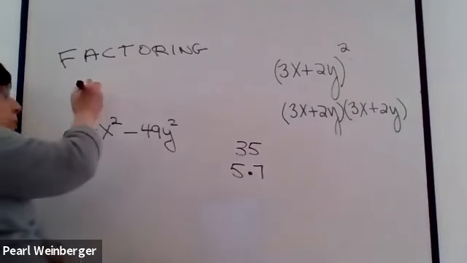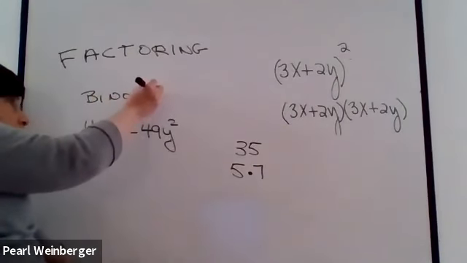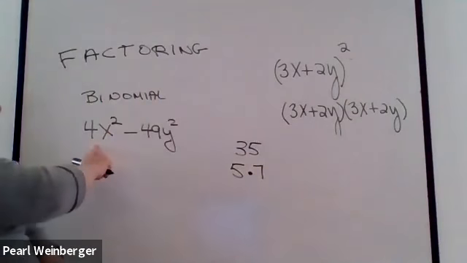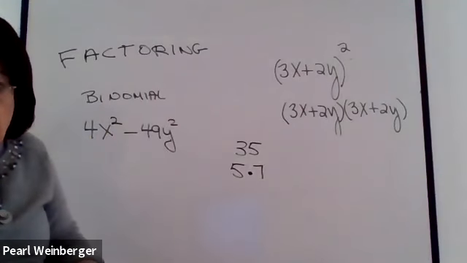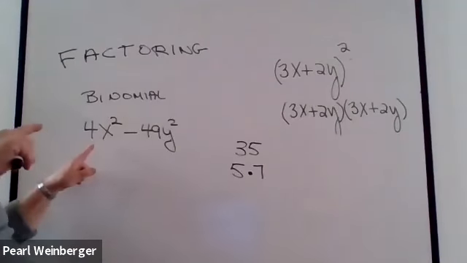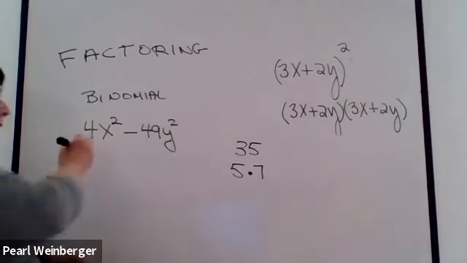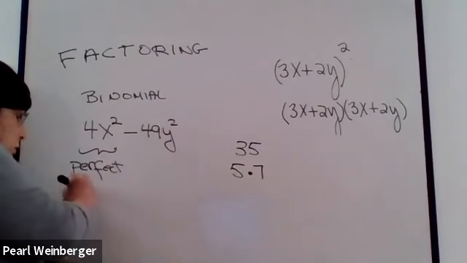Now, when it comes to an expression that is a binomial, two terms, where the first is a perfect square, what do I mean that the first is a perfect square? It means that I can tell you what two things I multiplied that are exactly the same that gave me this number. 4x squared is what we call a perfect square because it's equal to 2x times 2x.